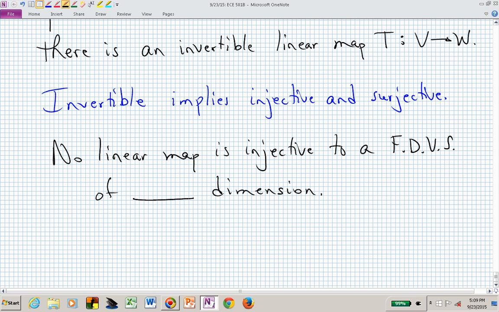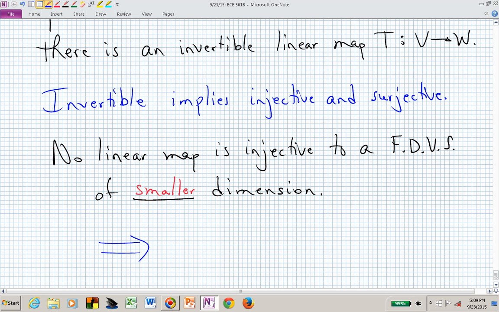So now if you have a linear map, if it's injective, it can't be going to a smaller dimension. It can't be short. But what do we know about our maps?